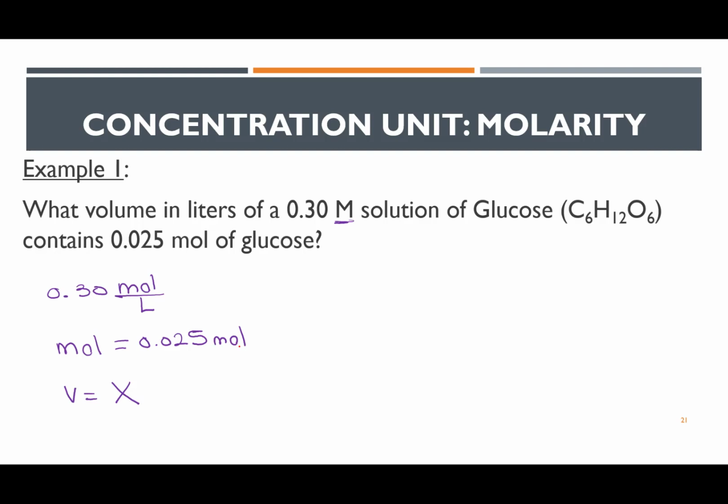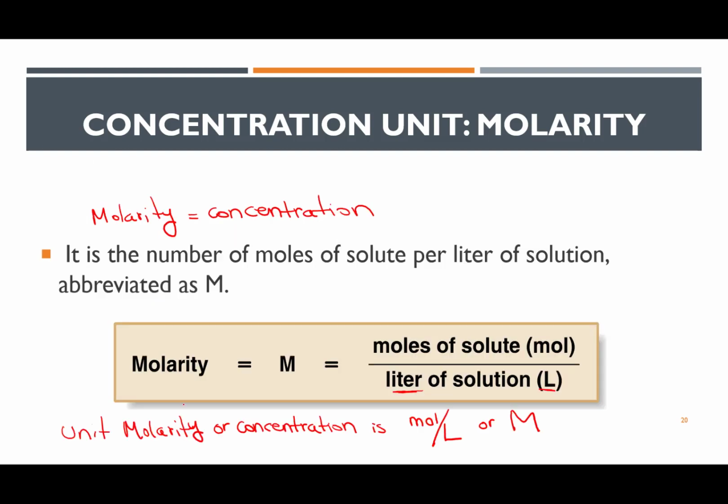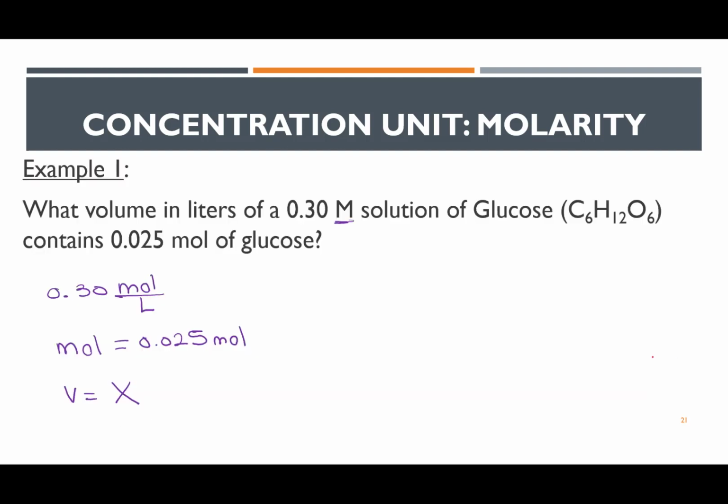What we're gonna do here, you're gonna set up this equation. You could use the molarity equation, plug in the numbers and calculate it, or you could set it up so that you will cancel out moles and you will end up with volume.